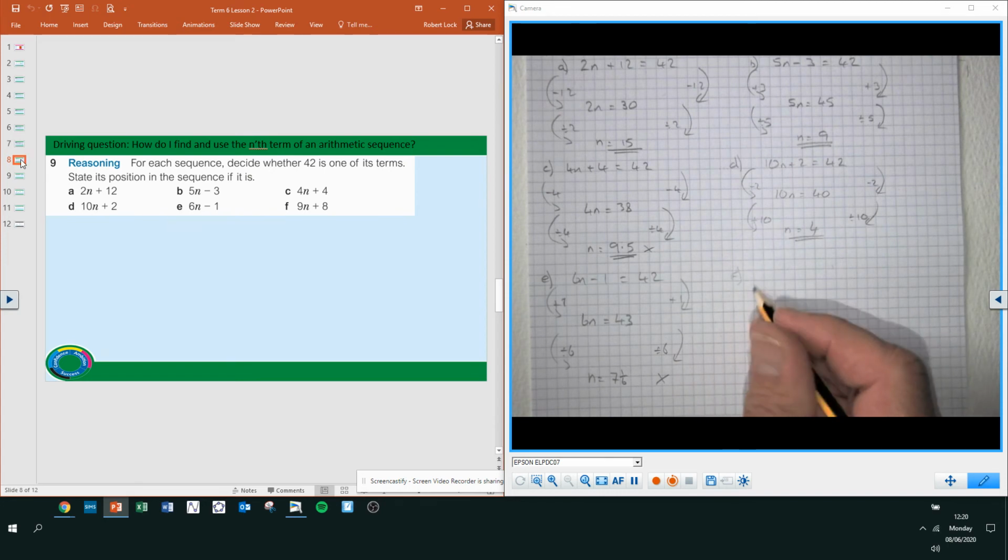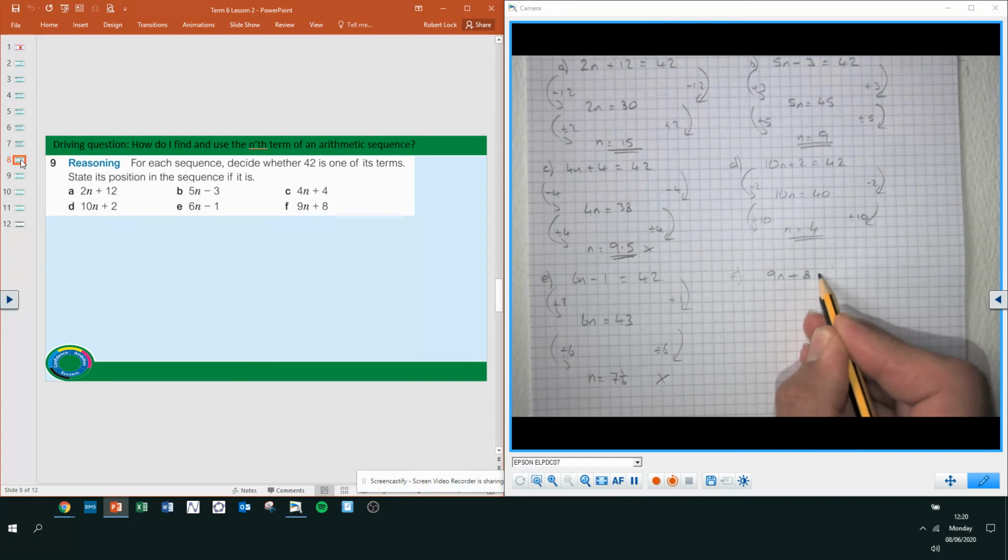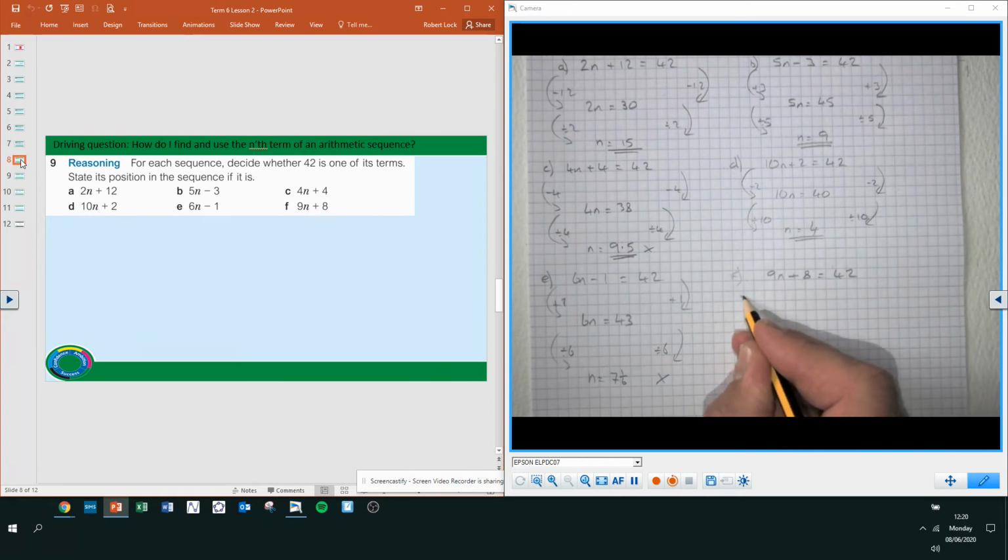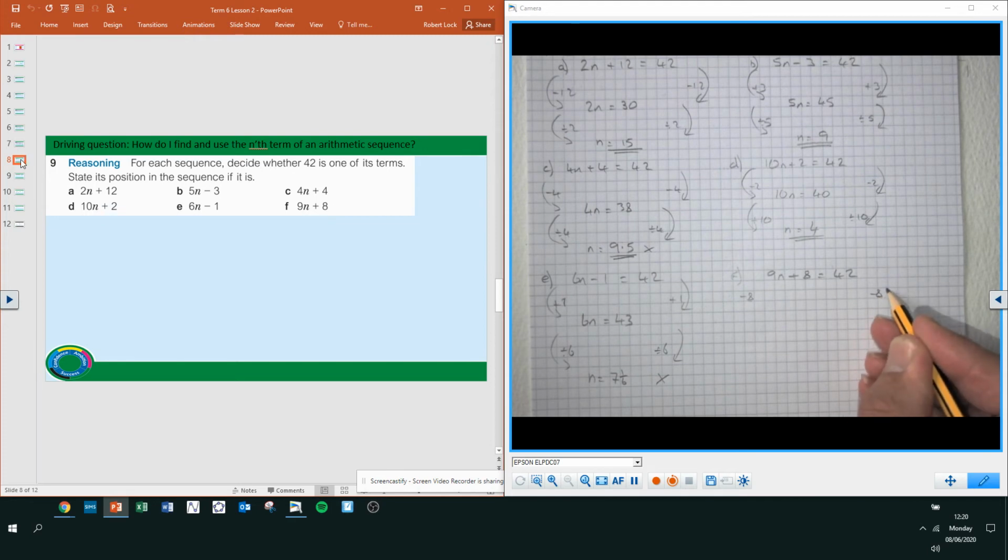F. 9n plus 8 equals 42. Add 8, so I need to take away 8 on both sides. So 9n equals 34. Then my 9 times table: 9, 18, 27, 36.